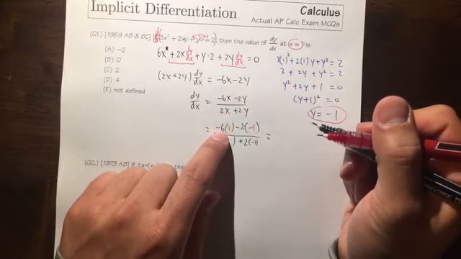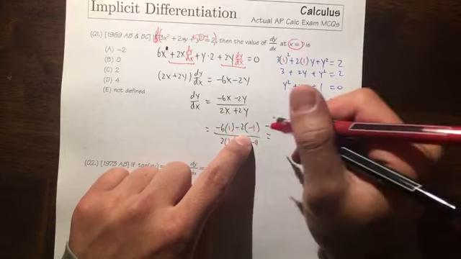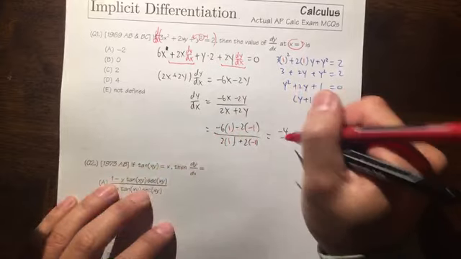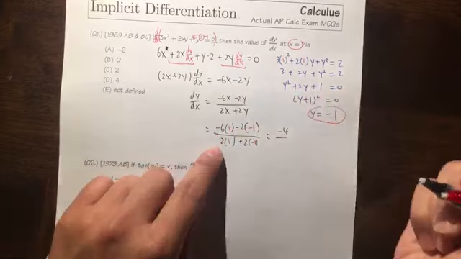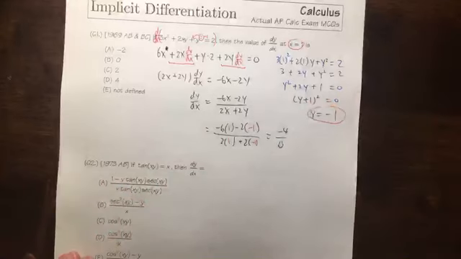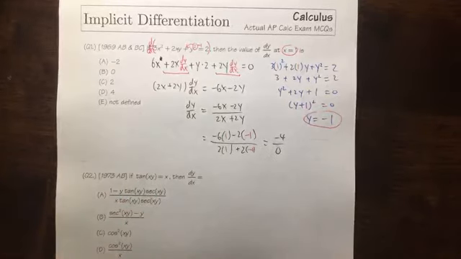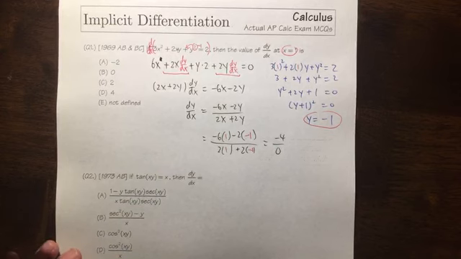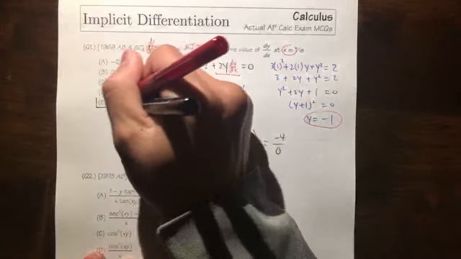This is negative 6 plus 2, which is negative 4. But it doesn't really matter because on the bottom, this is 2 minus 2, which is 0. So what's the best answer? Undefined. So the answer will be E.